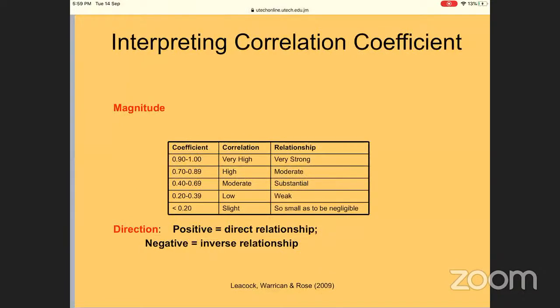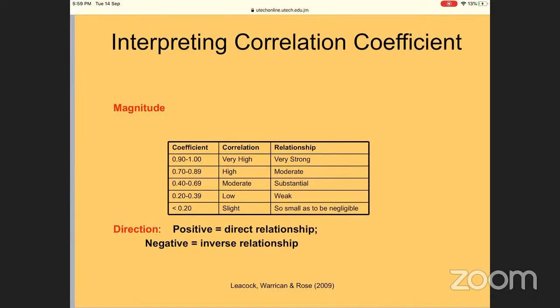If the numbers are close to 1, it's a very strong relationship. Minus 0.9 is a very strong negative or inverse relationship, which means as one variable goes up, the other goes down. If it's a positive relationship, one goes up, the other goes up.